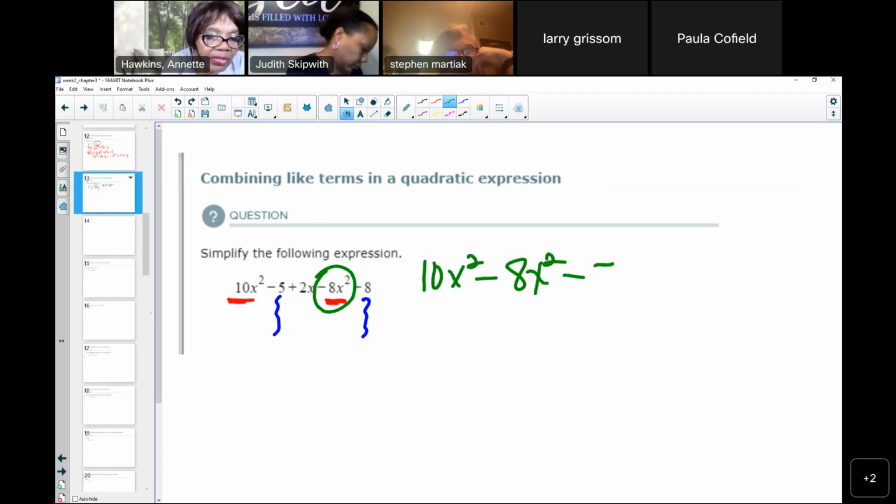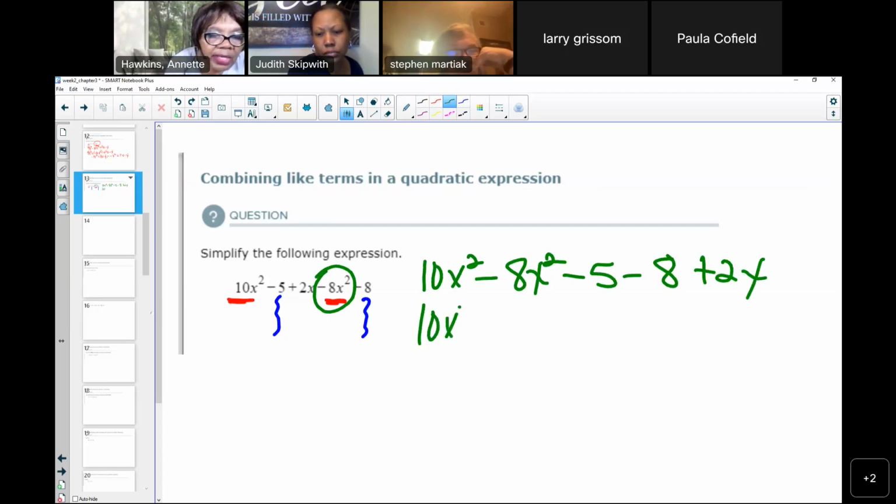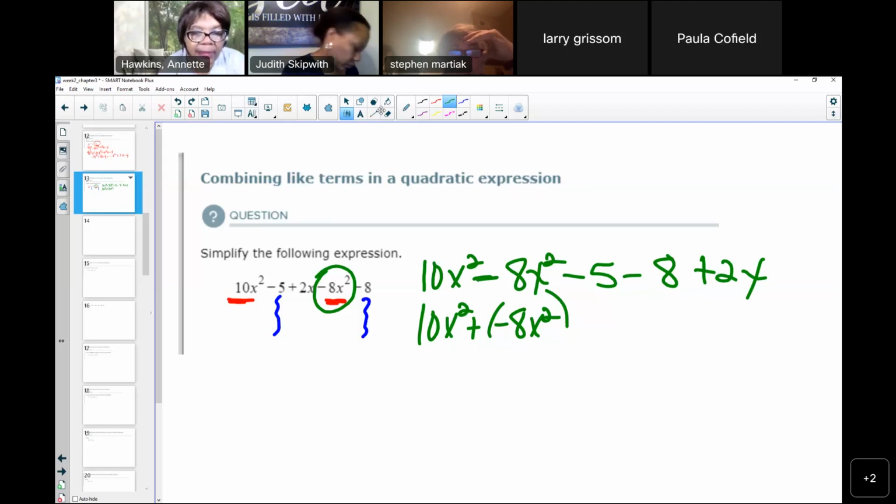And then minus 5 minus 8 plus 2x, okay? And 10x squared plus negative 8x squared. This is subtraction. Now, once you do enough of these, you might not need to change it, but I'm changing them all so that you can see.